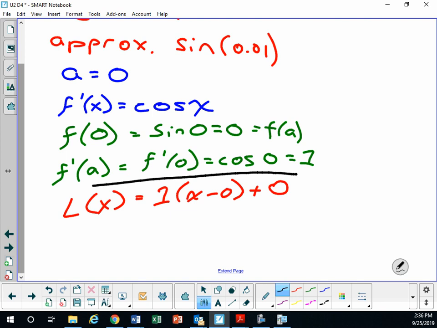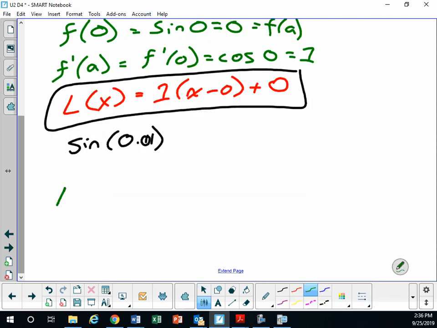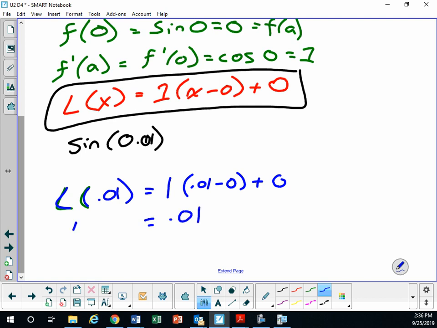So now I'm going to use this to approximate the sine of 0.01. The difference between 0 and 0.01 is 0.01. 1 times 0.01 minus 0 plus 0 is 0.01. L of 0.01 is approximately 0.01. So the sine of 0.01 is approximately 0.01.